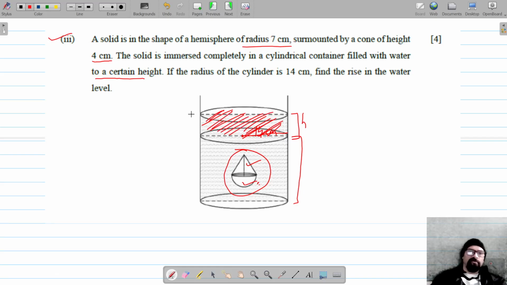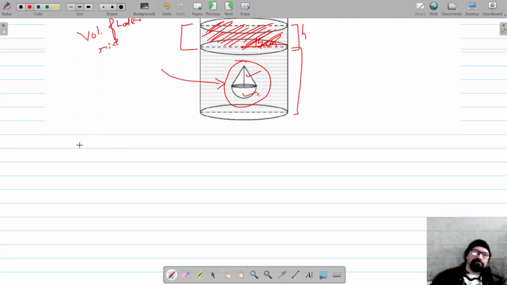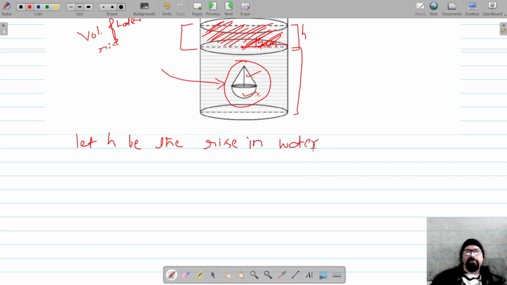So we are going to use this concept. Volume of water raised, which is in the shape of a cylinder, is equal to the volume of solid immersed. And let H be the rise in water level. The volume which rises is also in the shape of a cylinder, so H is the rise in water level.